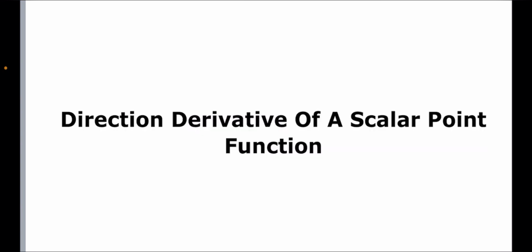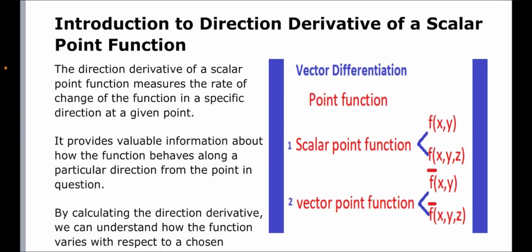Now we discuss the directional derivative of a scalar point function. Introduction to the directional derivative of a scalar point function: the directional derivative of a scalar point function measures the rate of change of the function in a specific direction at a given point.